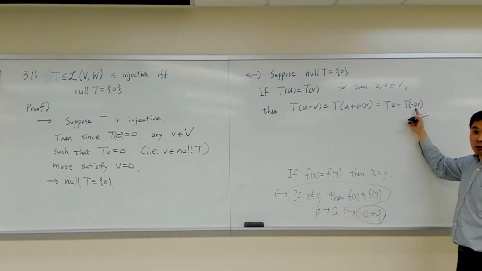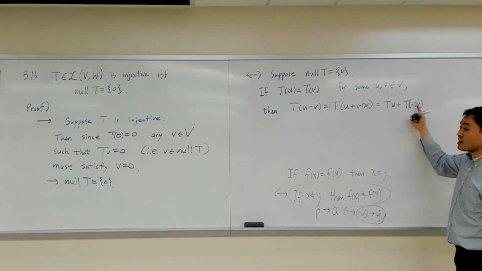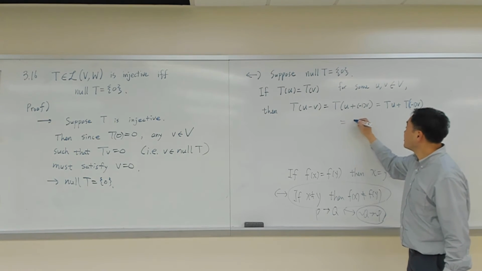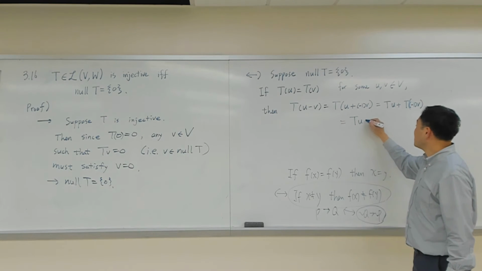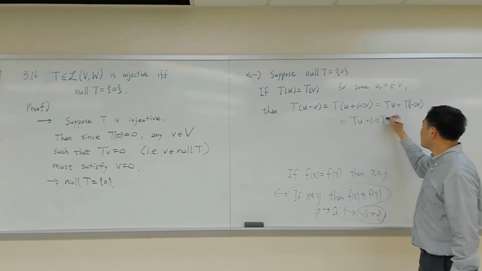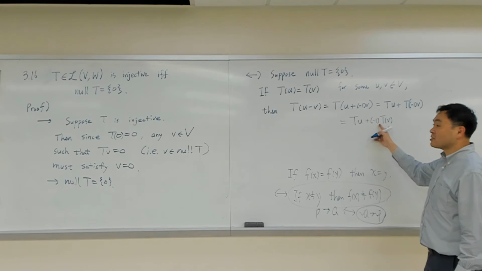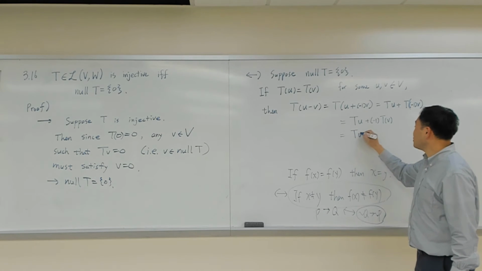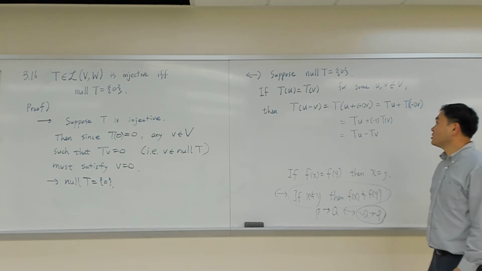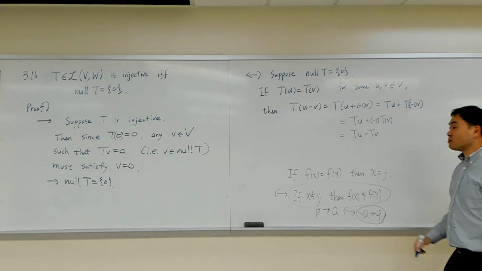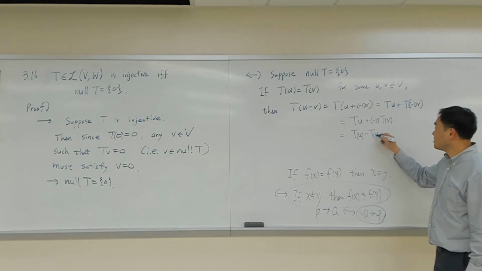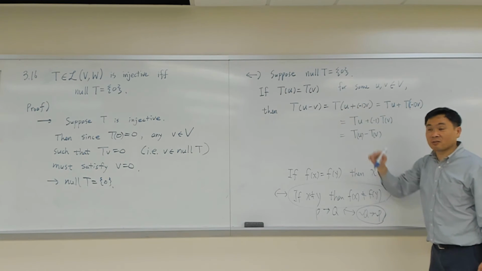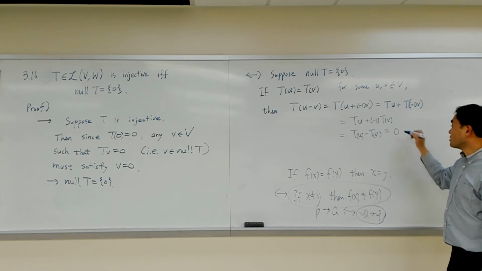But now you have the homogeneity, which can bring the negative 1 outside. So that's the same as T of u plus negative 1 T of v. But wait, that's the same as T of u minus T of v, right? But didn't we say T of u and T of v are the same? Right, that's our condition. So this must be 0, right?